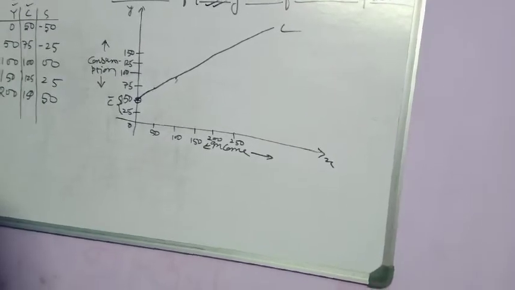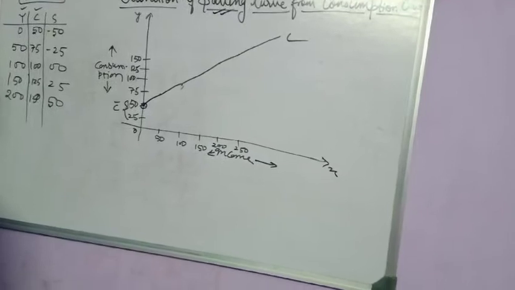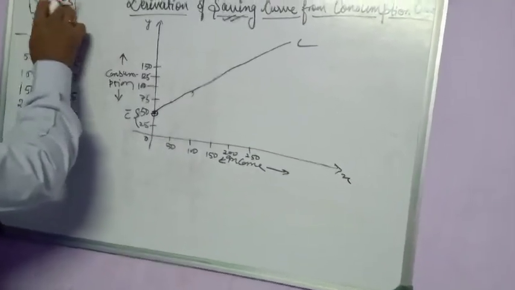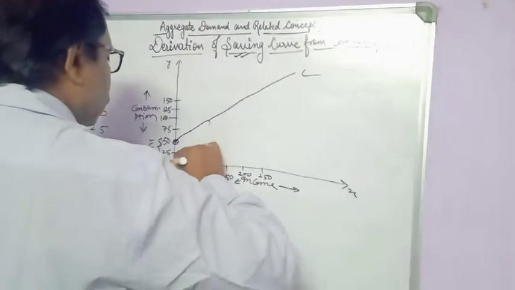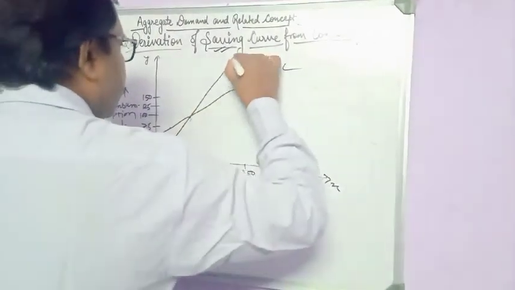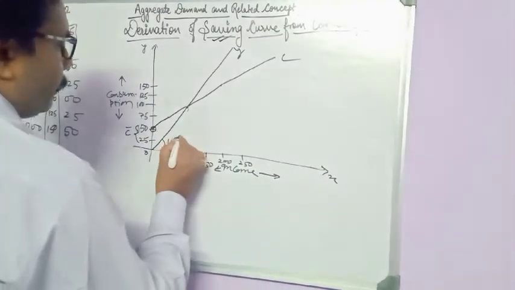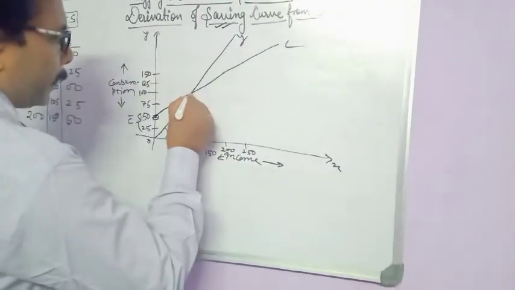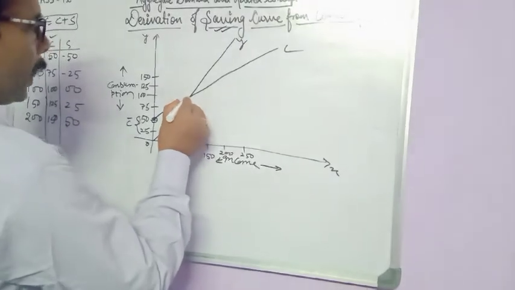And the income line will be drawn at an angle of 45 degrees, because we know that Y is equal to C plus S. Is it clear? So this is our income line, drawn at 45 degrees.